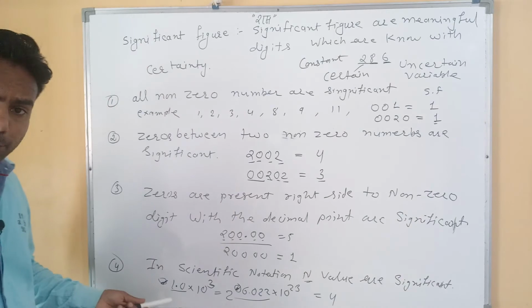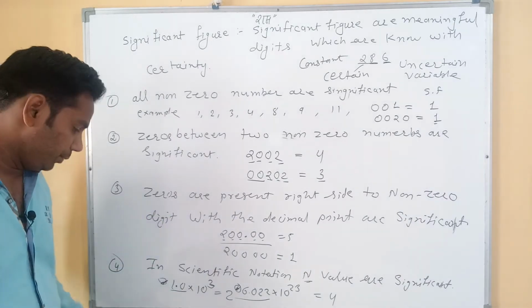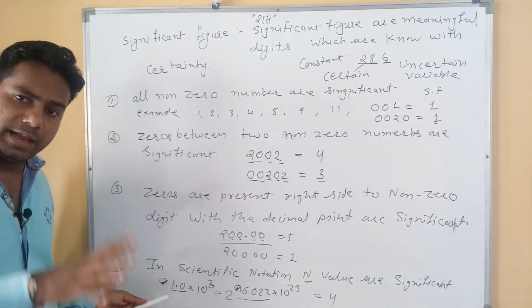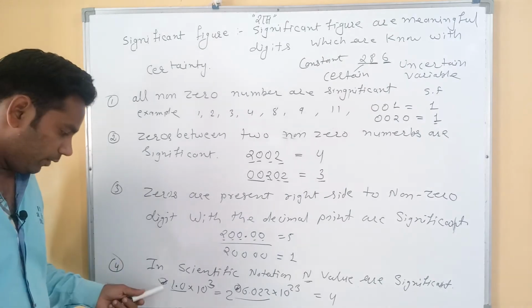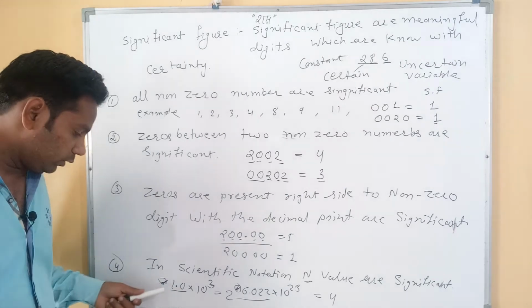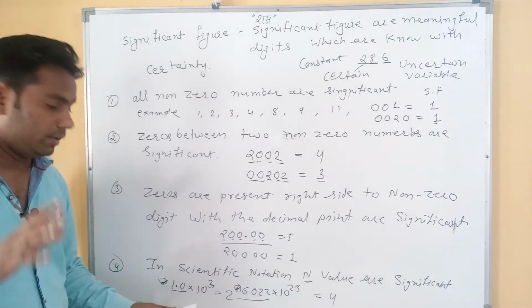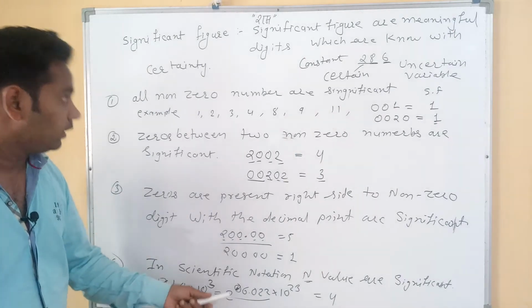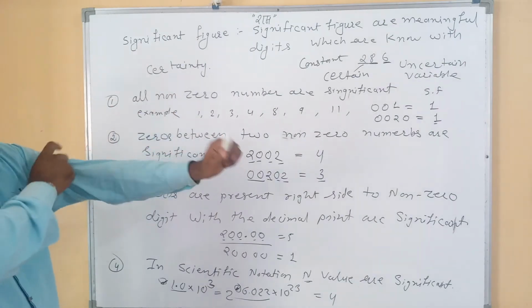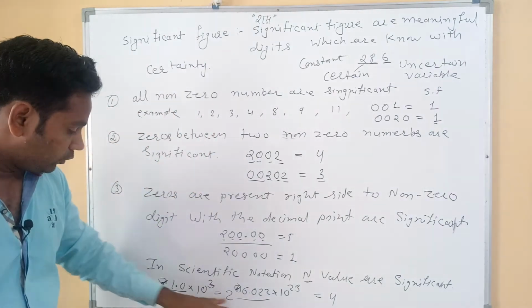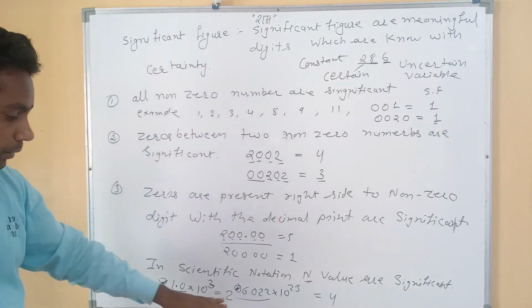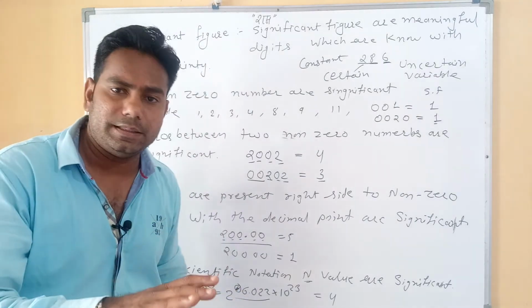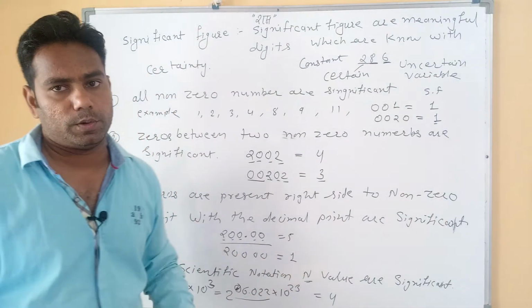First example is 1.0 into 10 to the power 3. So the value of n contains only 2 digits, 1 and 0. So both digits are significant, and total significant figure is 2. Here 4 digits are present, so significant figure is 4.